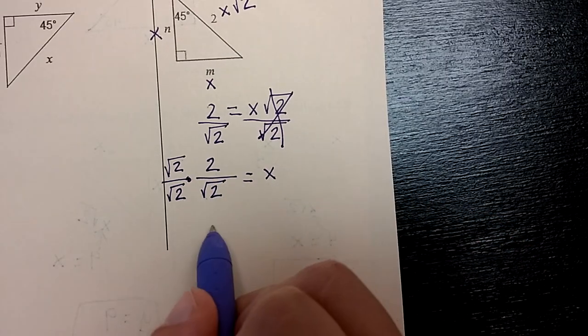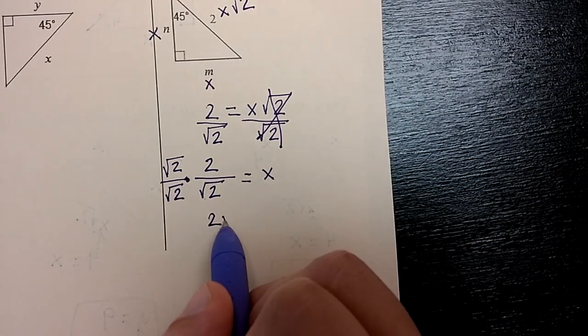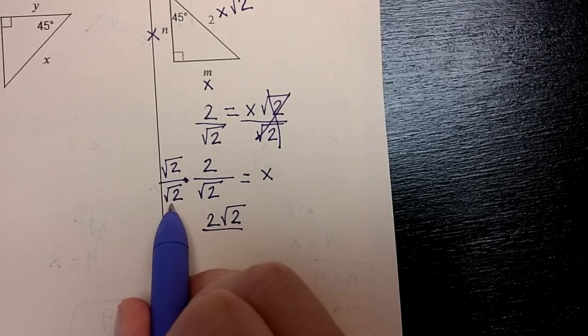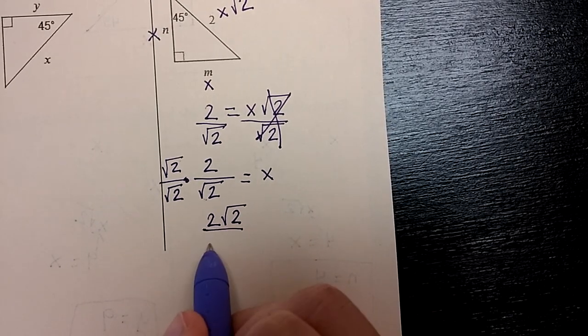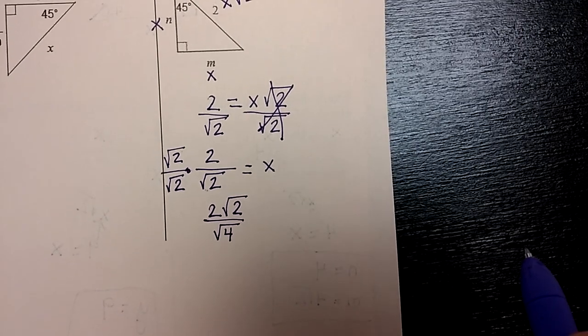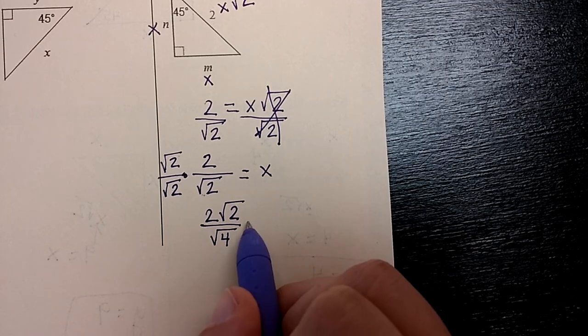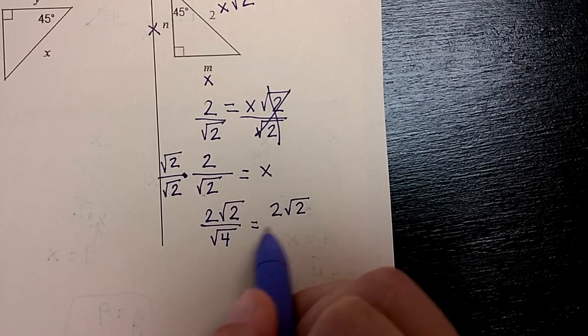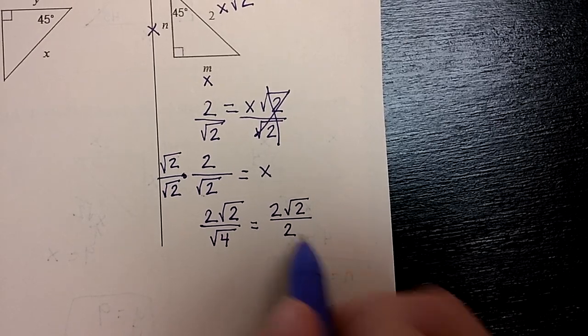So on top, outside the radical is 2, inside is root 2. Don't mix them. On the bottom, root 2 times root 2 is root 4. So we can keep simplifying. I can't simplify the top, but the square root of 4 is 2.